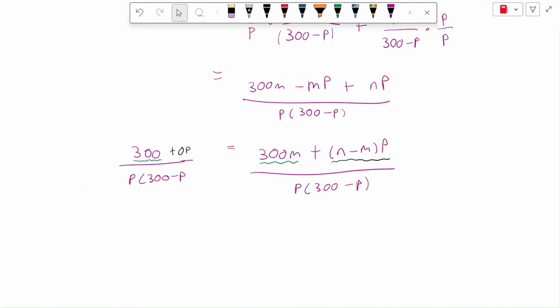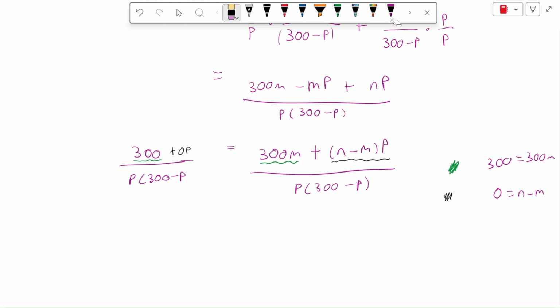So pretty much from the green equation, you're going to get 300 is 300m. And for the equation that I've done in black there, I'll just color code it better. 300 is 300m. And from this other equation, we've got 0 equals n take m.